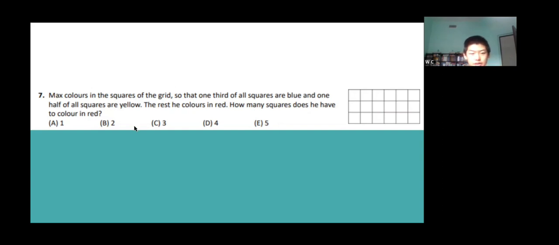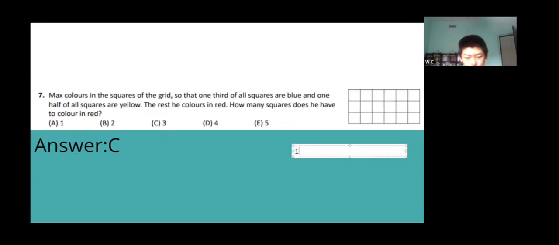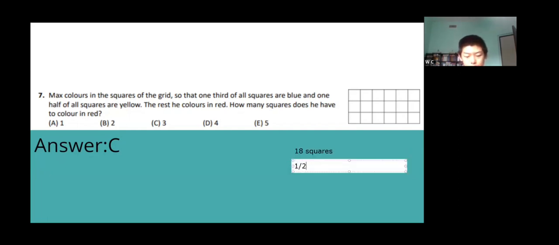We have one answer, C, which is correct. So the way we do this is that we know there are 18 squares. And 1/2 of that is 9.